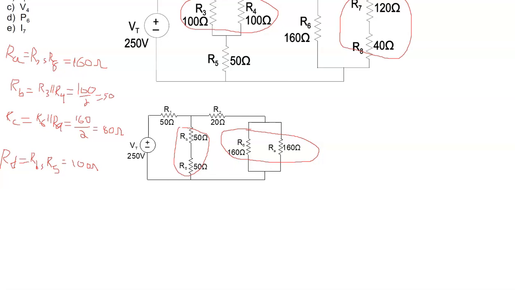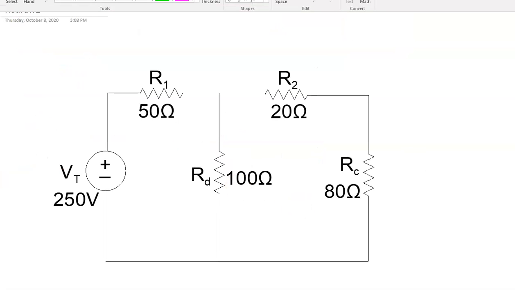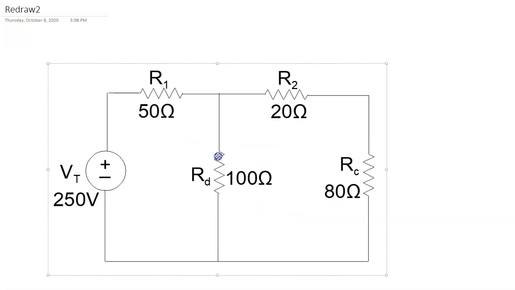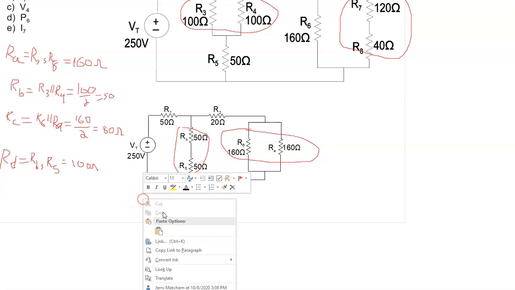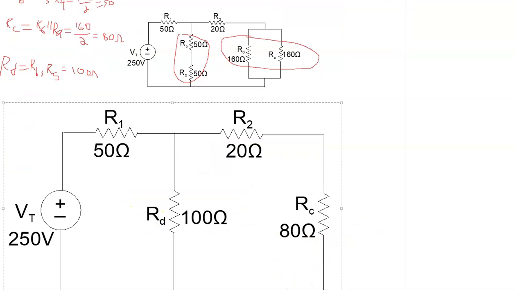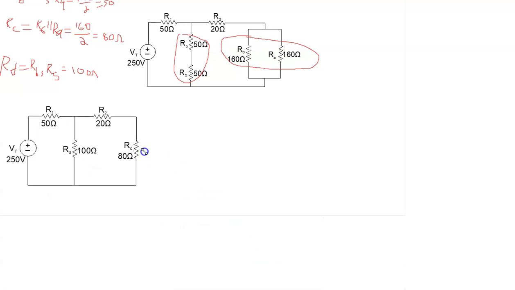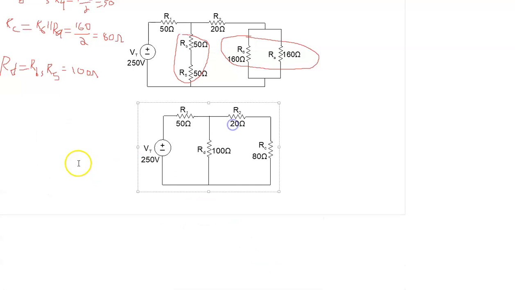And then I redrew it again, and I came up with this. Here now, you'll notice that I have used RD at 100 to replace RB and R5, so that contains 3 resistors now, 3, 4, and 5.